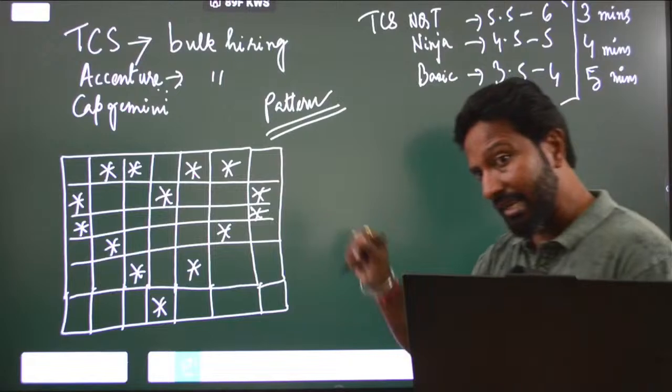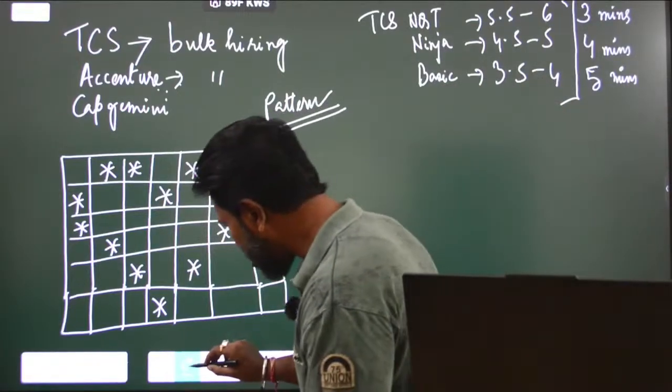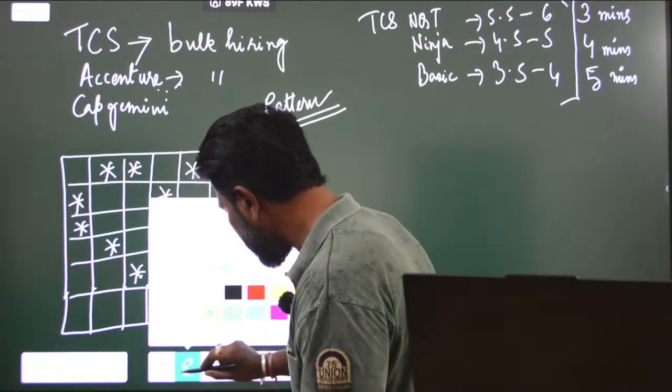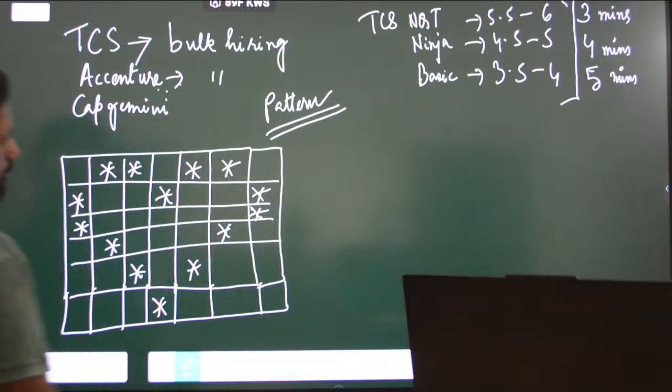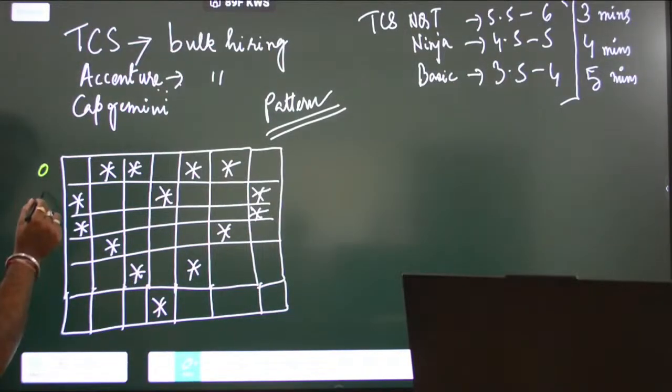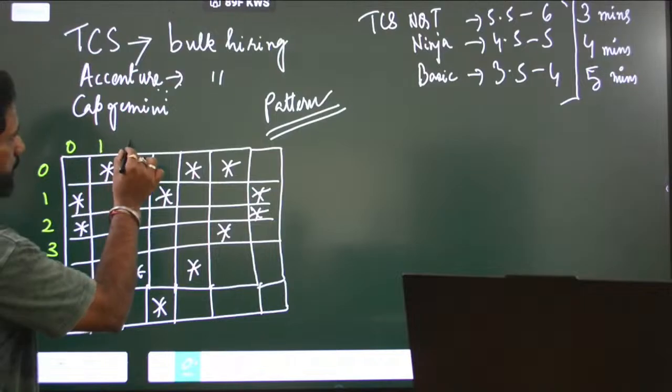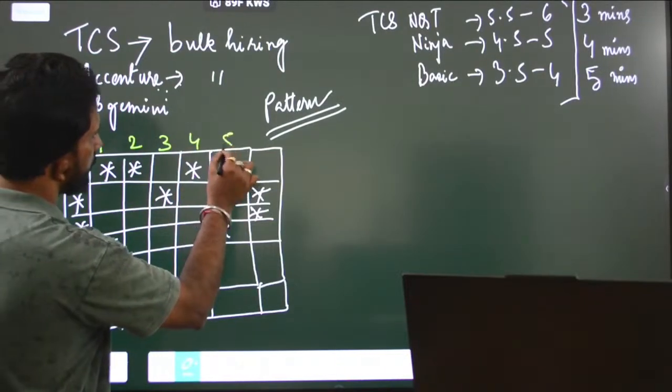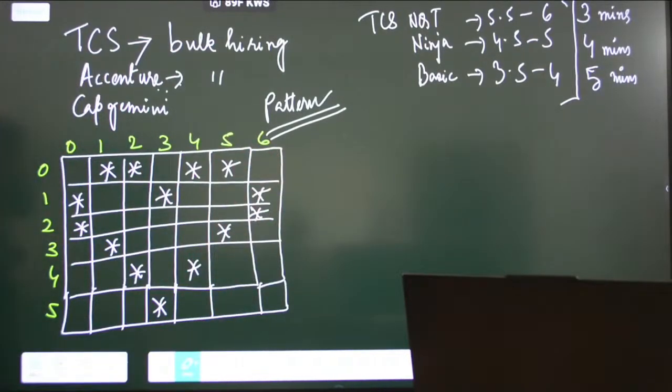So just think like this. Let's talk about the rows and the columns. Here I have 0, 1, 2, 6 rows, 0, 1, 2, 3, 4, 5, 6, 7 columns.